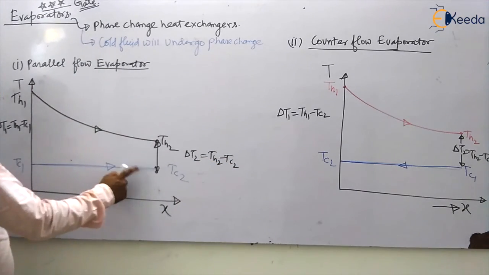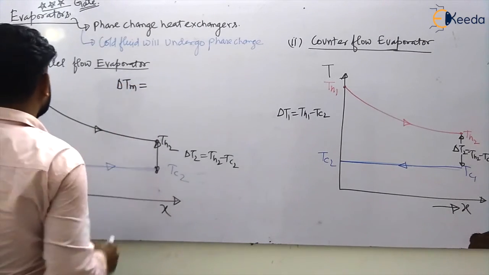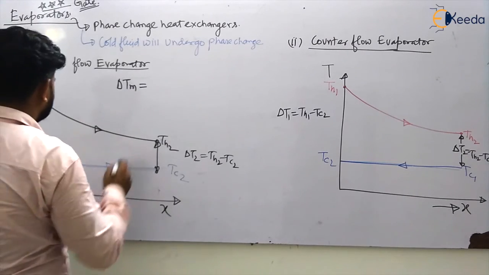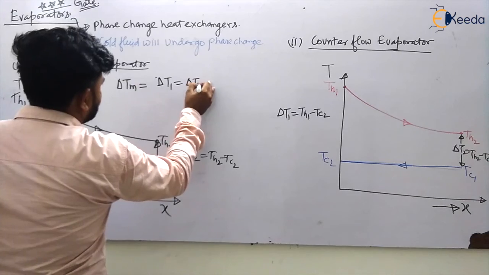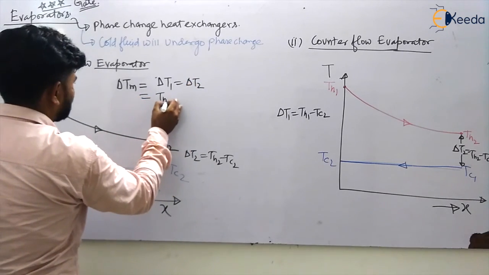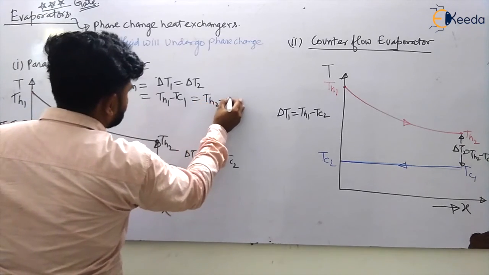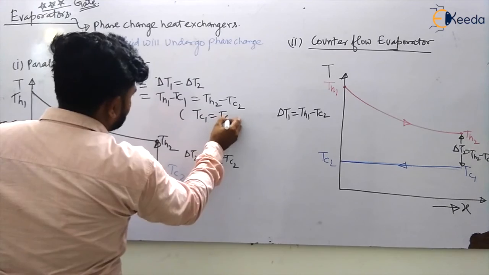So I can have that delta Tm in this case, because this is a phase change heat exchanger, I can take delta T1 equal to delta T2. So this will be TH1 minus TC1 equal to TH2 minus TC2, and I know that TC1 is equal to TC2.